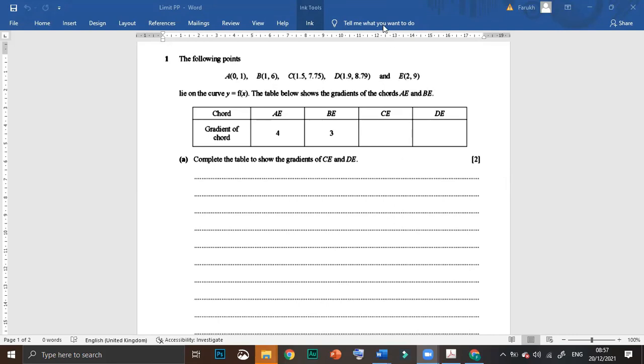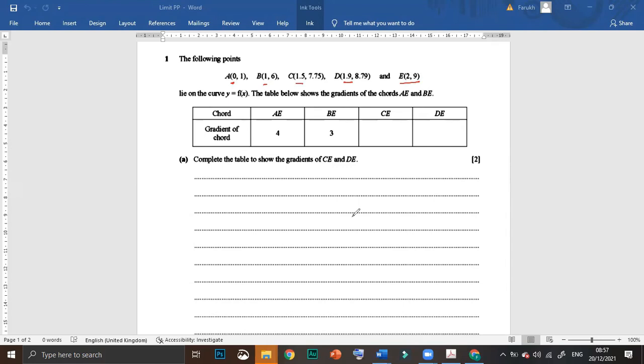The point E is the fixed one, and we are moving from 0 towards 2, from left towards right. Is this clear?